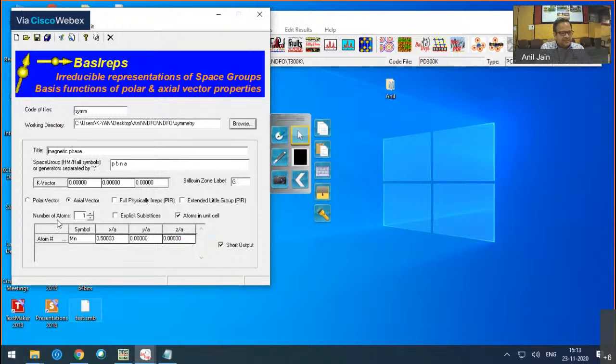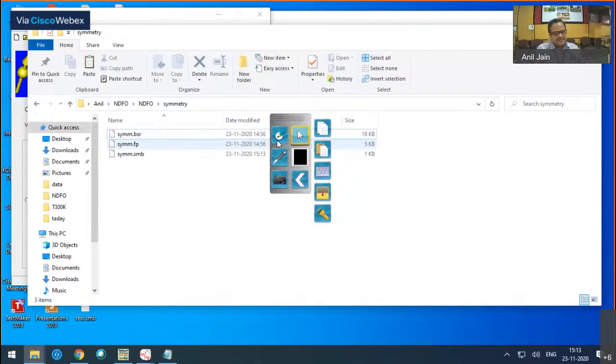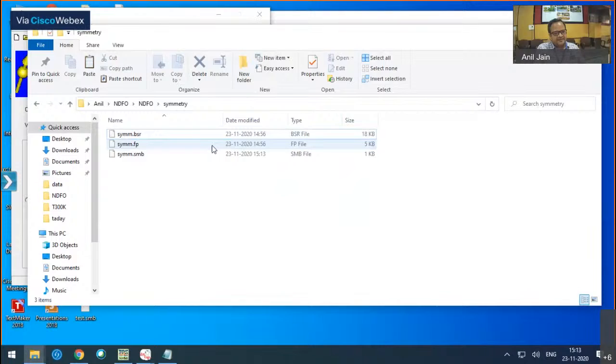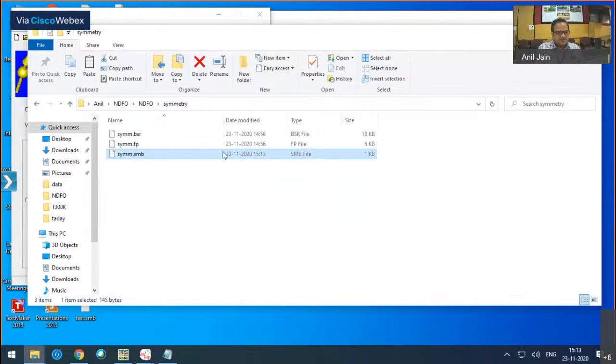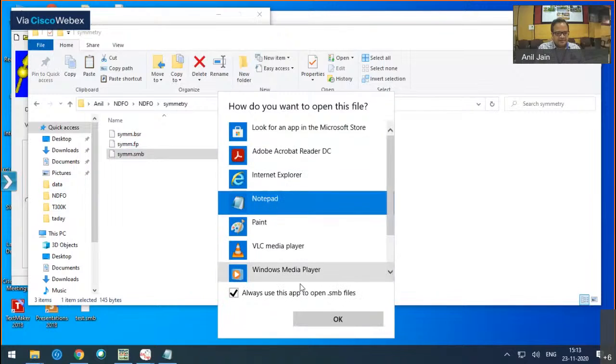So this file, generally which is opened by BasIreps, has an extension of .bi. So as you can see here, this is the file which is opened by this GUI interface of BasIreps. You can read this file by a text editor also. Let us see.